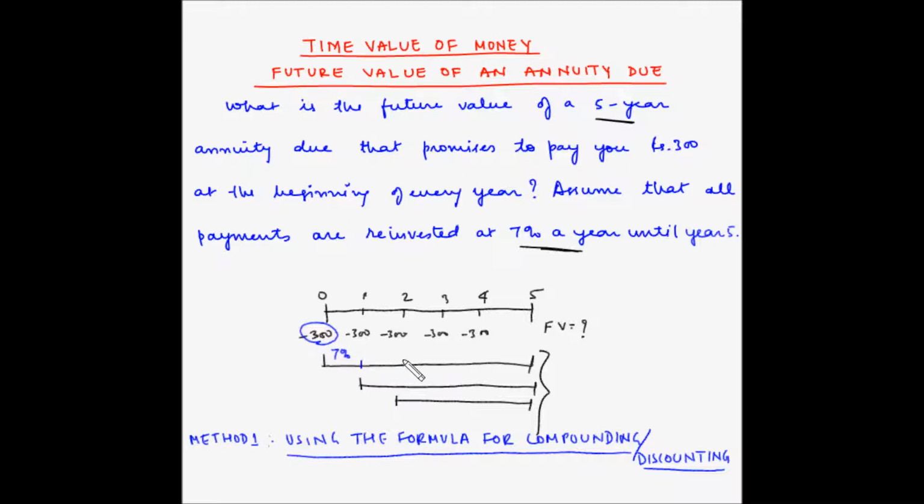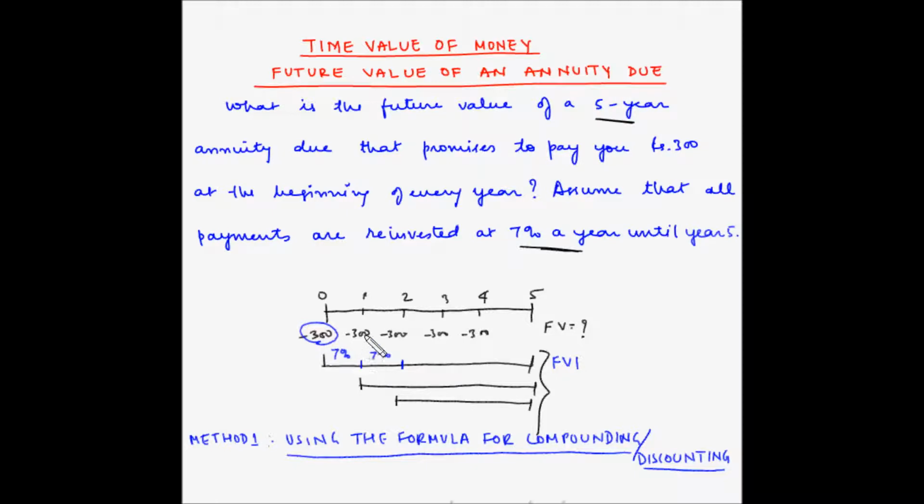Then for the second year, again the first year's interest plus the principal will get interest of 7%, and so on. So let's say the final amount that we get at the end of the 5th year for this first installment of 300 rupees is FV1.